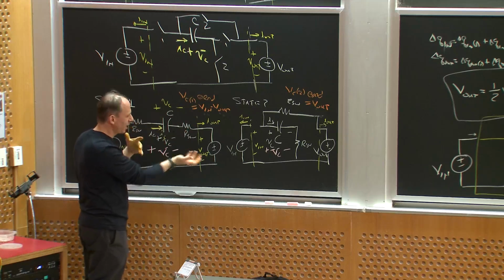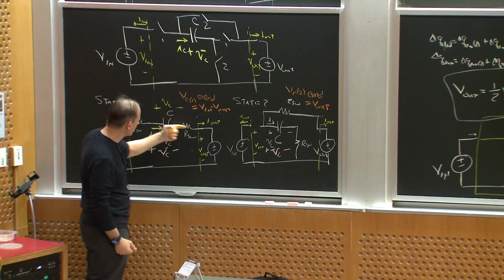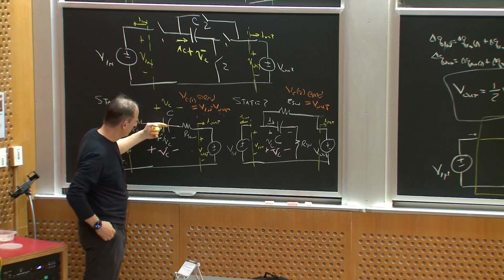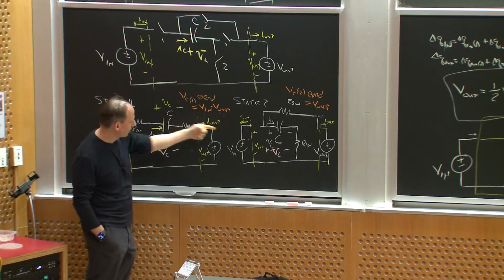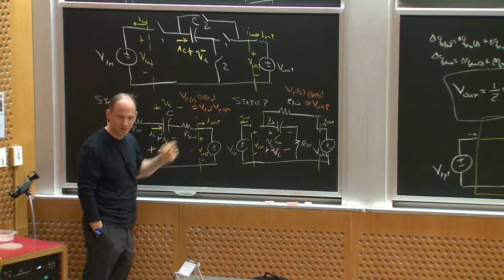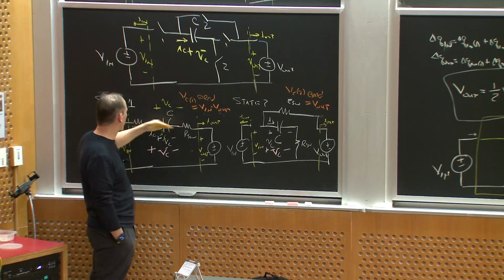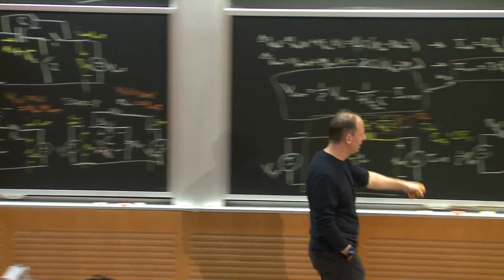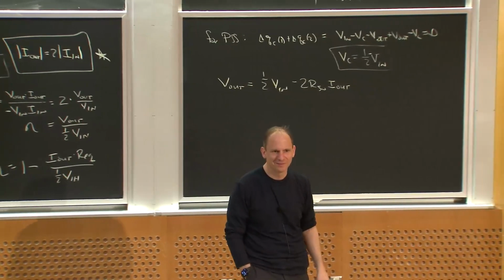Half the time I'm in this configuration, half the time in that configuration, but if I think of the capacitor current as being a plus and minus square wave of current, the input current is a pulse square wave, and the output current's kind of constant. But the point is, I'm always putting my charging and discharging current through two switch resistances. So it's not surprising that I get down to this equivalent resistance being two switch resistances.